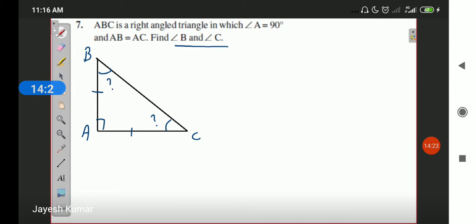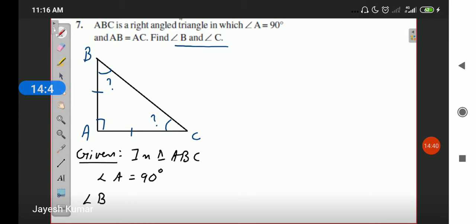Okay, so let us write down what is given to us. In triangle ABC, we are given two things: angle A as 90 degrees, and lengths AB and AC are both equal.